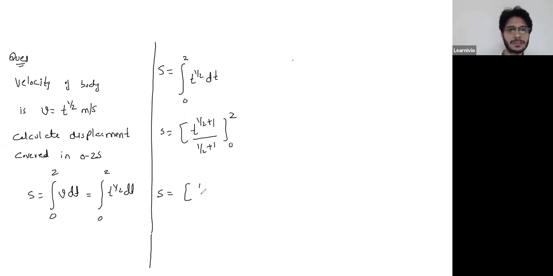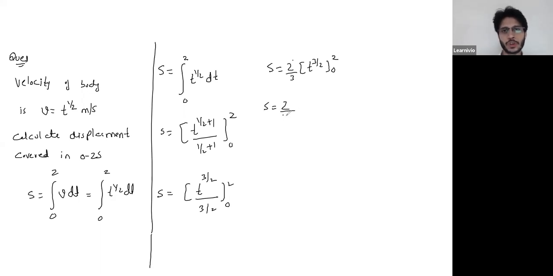So the displacement is t to the power 3 by 2 divided by 3 by 2, limit 0 to 2. So it's 2 by 3, 2 to the power 3 by 2 minus 0 to the power 3 by 2. So this is 2 by 3, 2 to the power 3 by 2.